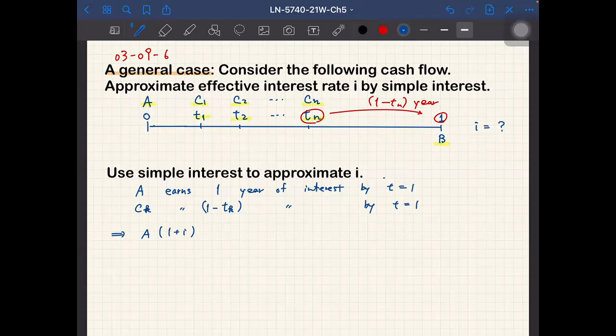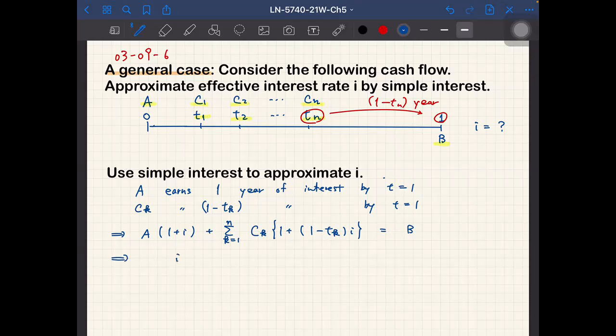On the upper side, A earns 1 year of interest, so A times 1 plus I, and the summation for k equals 1 to n of Ck times 1 minus Tk times I. Then finally, we get back the principal, so that is equal to B.